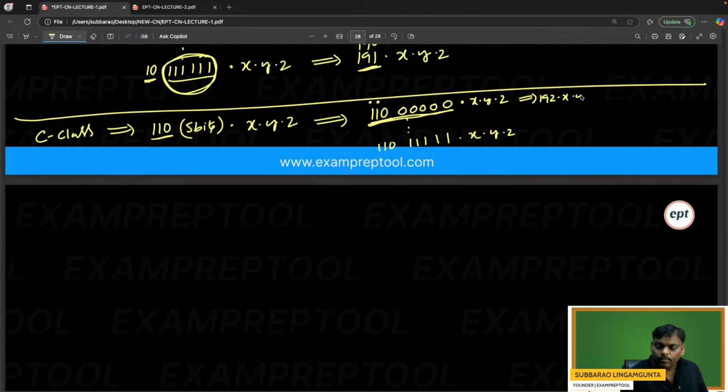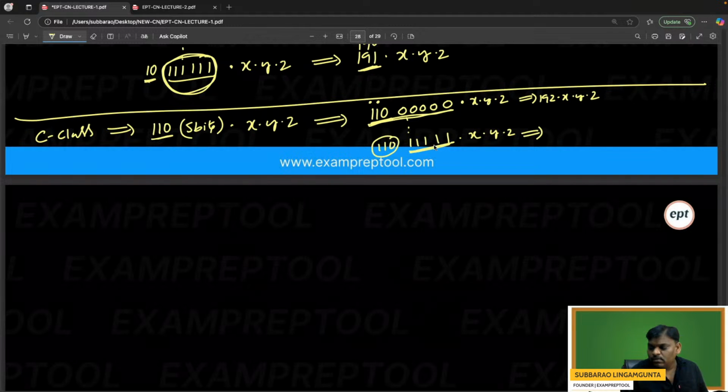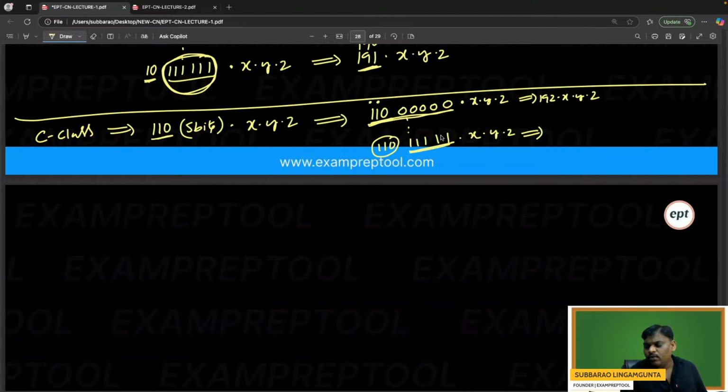Dot x dot y dot z. How much is this? This is 192 followed by 5 ones, so the largest decimal value is 2 power 5, 32 minus 1, 31.